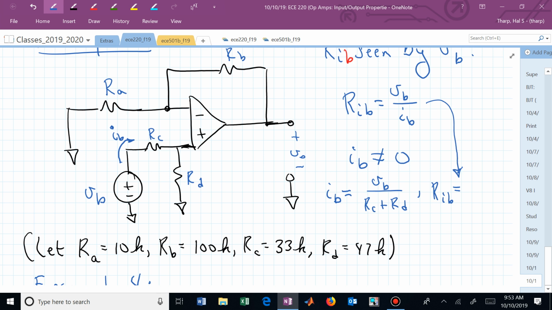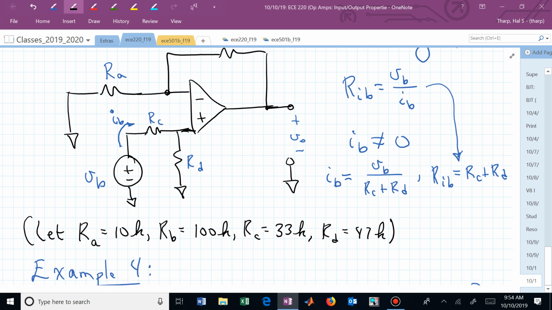They now come upstairs, or this now becomes R sub C plus R sub D. And if we wanted to now compute that numerically, given these values, we could now say, oh, the resistance seen by source B now in this circuit is 33K plus 47K, which is 80K ohms.